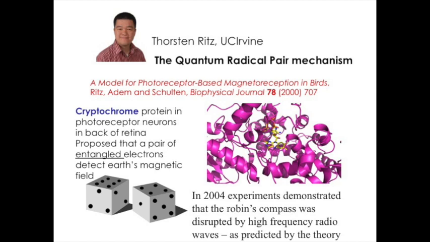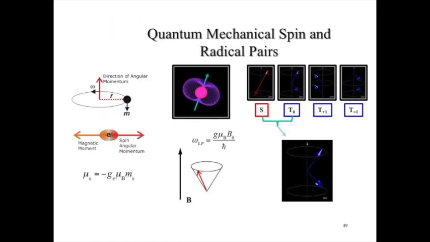Now, his supervisor, Schulten, showed that this works in chemical reactions, that some chemical reactions are sensitive to magnetic fields, and they are because they generate entangled radical pairs. What Thorsten Ritz claimed was that this was happening in the bird's eye in this cryptochrome molecule, and that these radical pairs were generated that are interacting with the Earth's magnetic field.